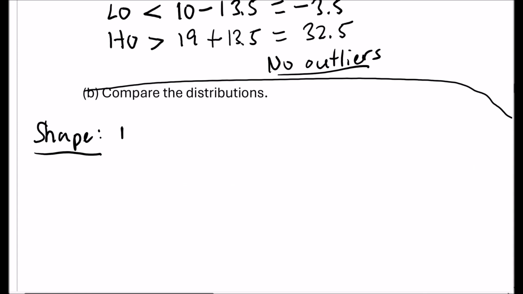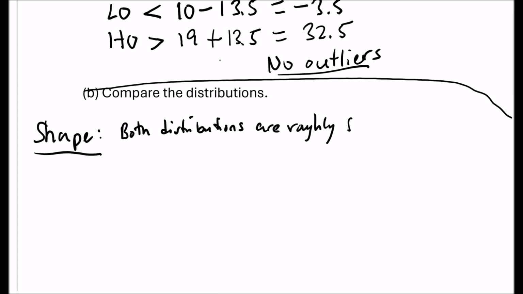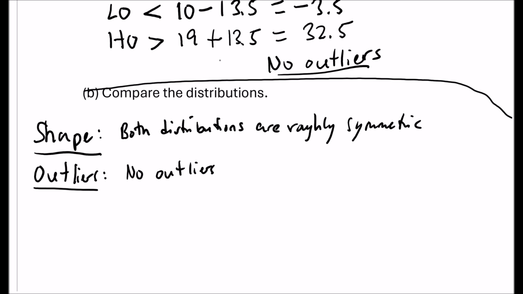So both distributions are roughly symmetric. The outliers, right? So outliers, that's the O in SOCS. So we just calculated that there were no outliers in either group.